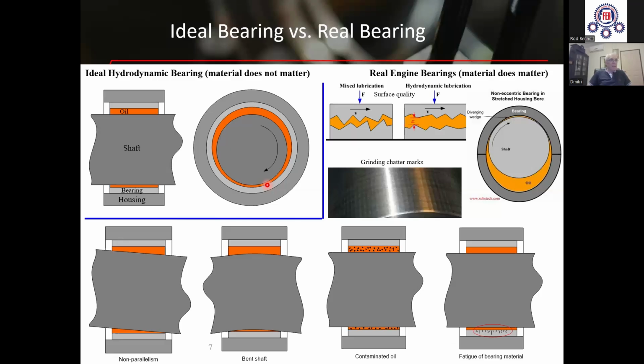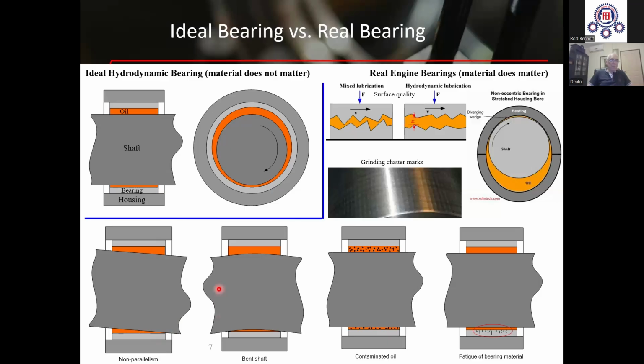However, there is nothing perfect in the real world. Unfortunately, or maybe fortunately, real bearings are not ideal. The shaft may be non-parallel to the bearing, like here, and then the bearing surface is touched by the shaft at an edge.